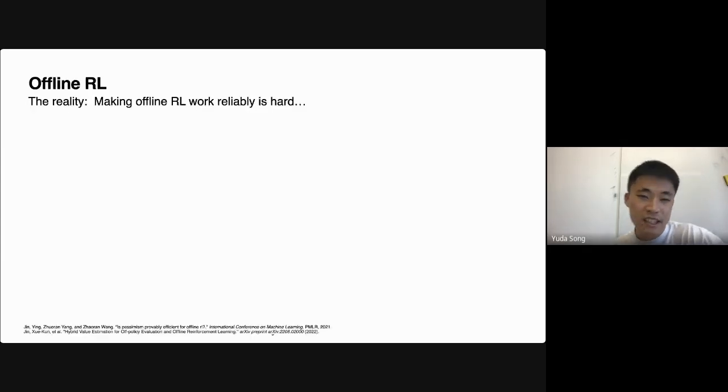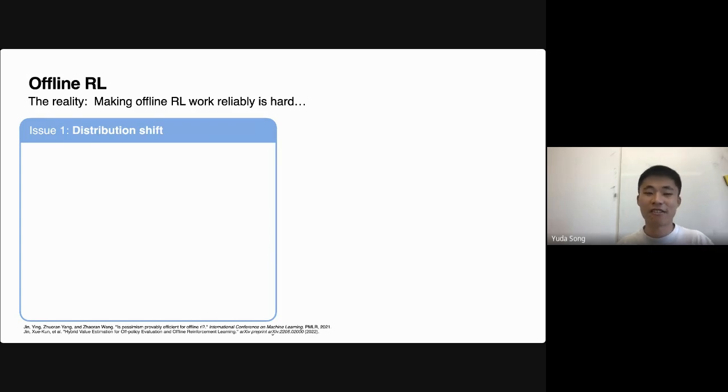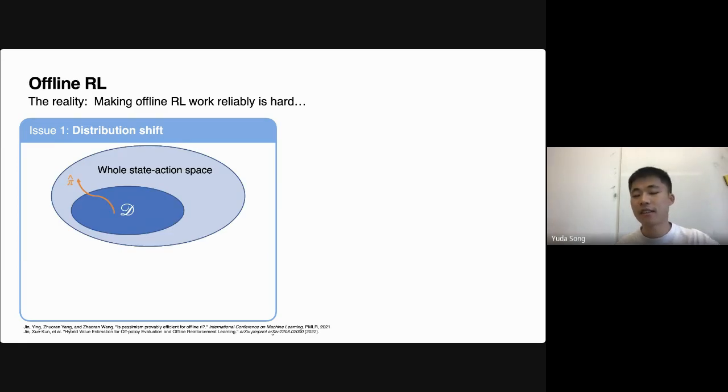So there, again, as we all know, there are some challenges for offline RL. And the first one is the pretty well-known distribution shift problem. So even though we have this large data set, but for some specific tasks that you care about, we still do not hope that our data set covers the whole state action space.